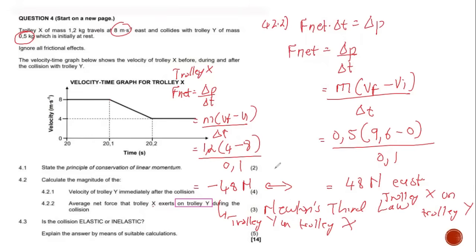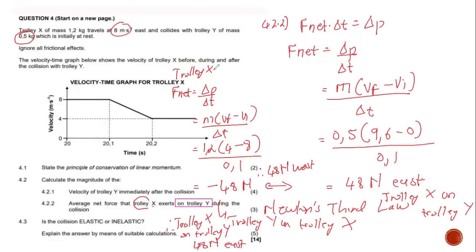Obviously, when you conclude on this one, you are supposed to say 48 Newton west, right? So this is the net force that Trolley Y exerts on Trolley X. But since here we are being asked the one that Trolley X exerts on Trolley Y, you then have to conclude that actually Trolley X on Trolley Y would have to be 48 Newton east.